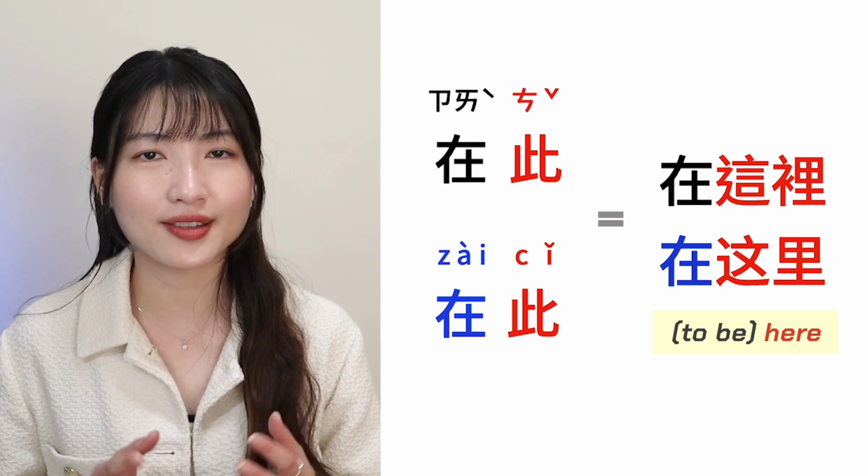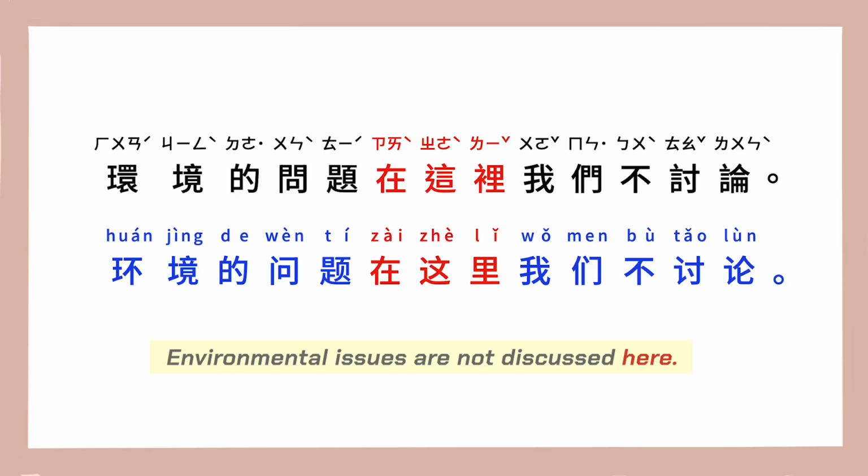For example, let's read this sentence. 环境的问题在这里我们不讨论。Environmental issues are not discussed here.